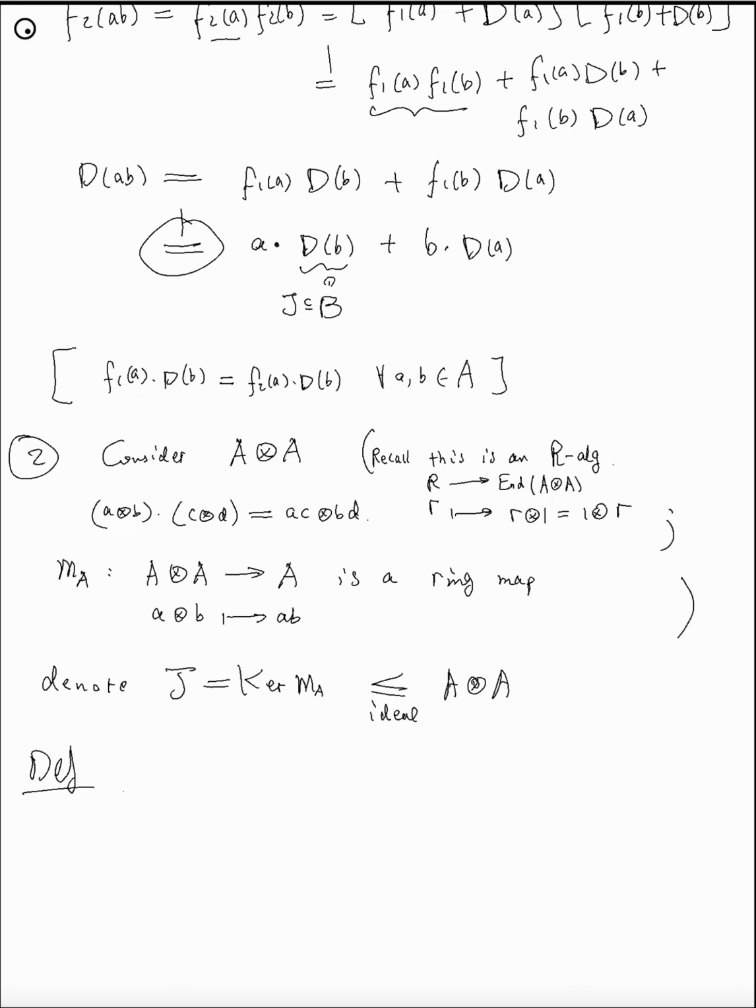And definition. We call omega A over R, J quotient by J squared, the module of differentials.